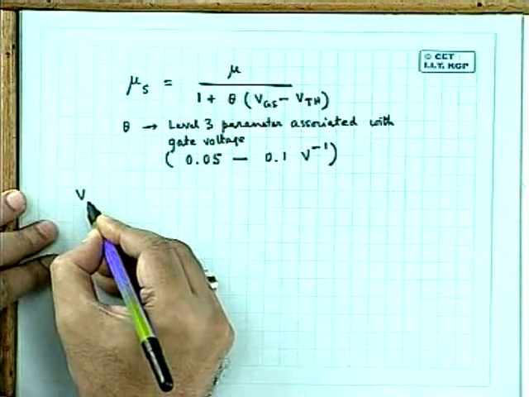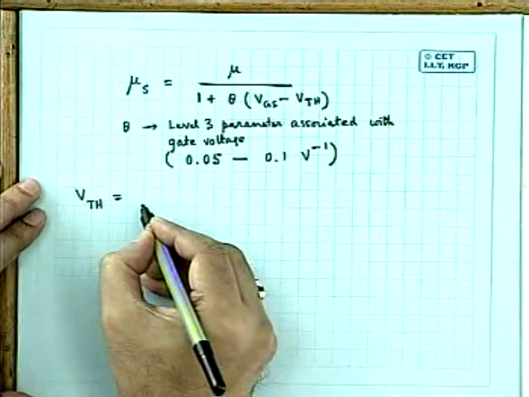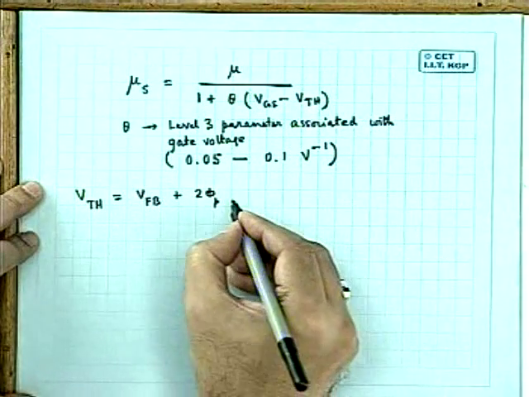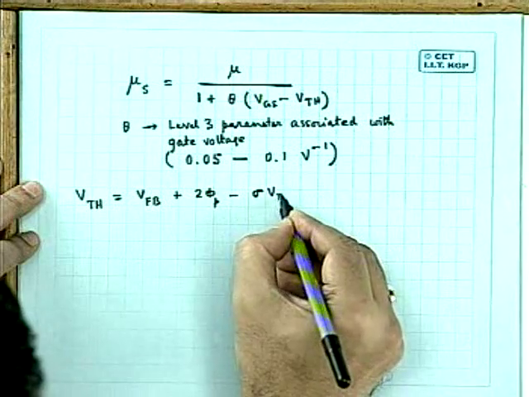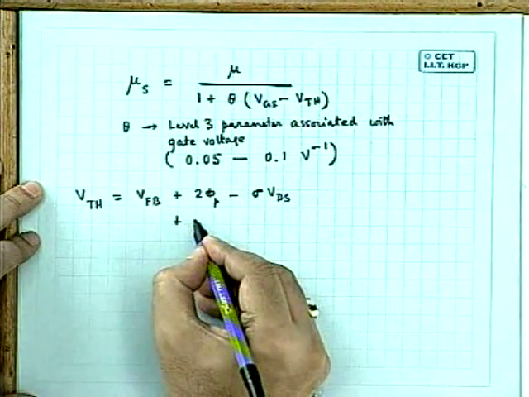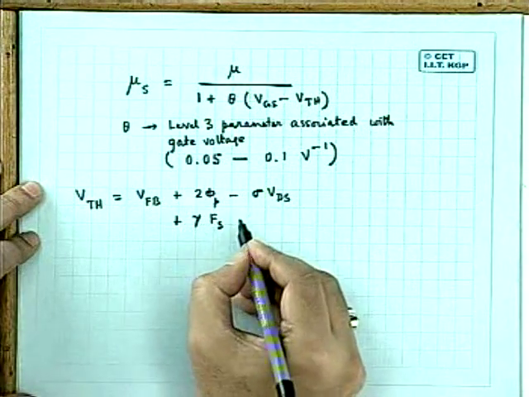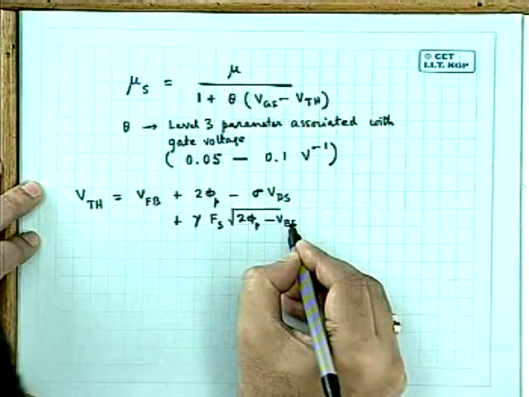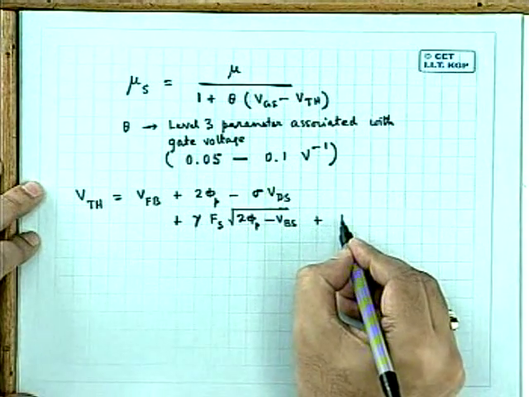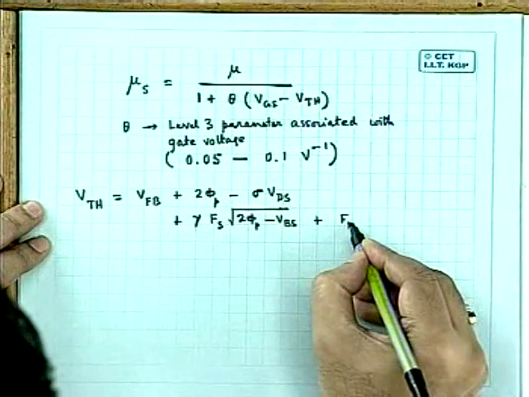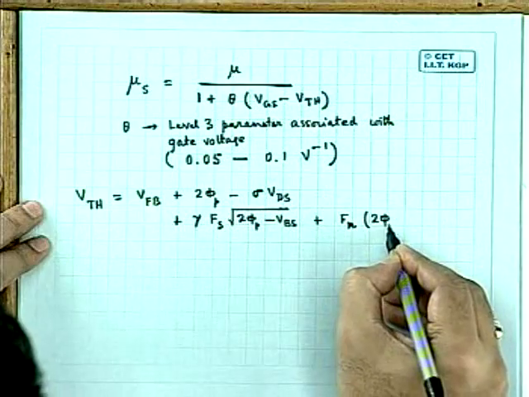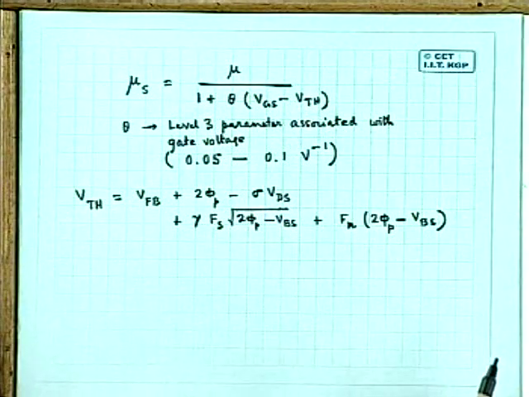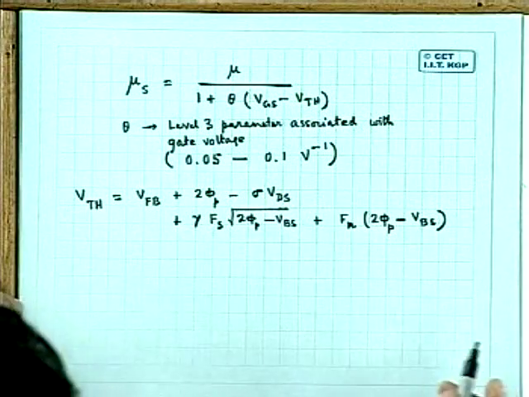Then the threshold voltage here is normally written like this, VFB and so on.